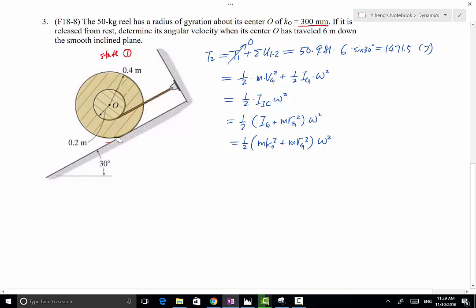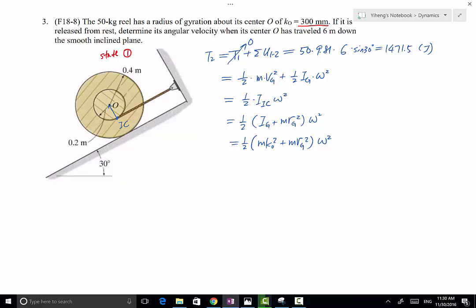Because this reel is rolling on this rope, therefore, at this point, the point of contact with the rope, this is where the linear velocity is 0. Therefore, this is its IC. And rG, which is this distance right here, from the center of gravity to the instantaneous center of zero velocity, that is 0.2 meters.